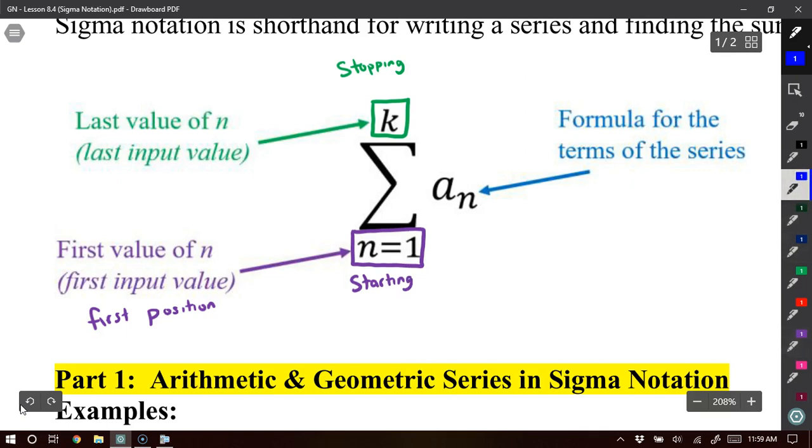And then to the right of sigma notation is the formula for the series. And the formula is just the equation for an arithmetic sequence or a geometric series. It's those concepts you learned from 8.1 and 8.2. So the number on the bottom is where you're starting. The number on the top is the position you're stopping at. The expression to the right of sigma is what you're plugging into.